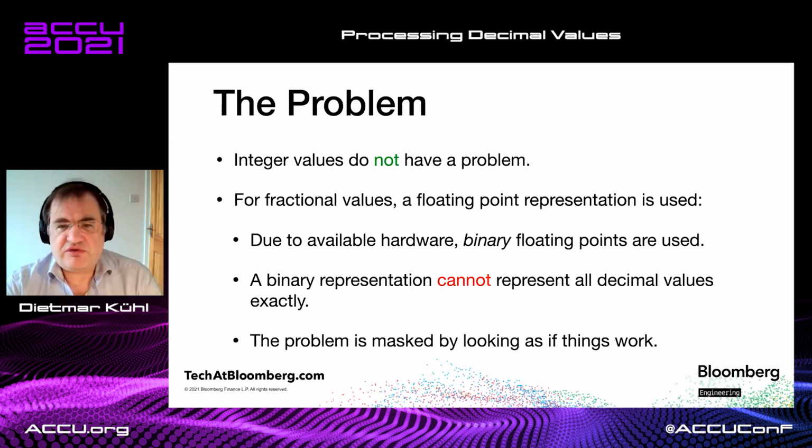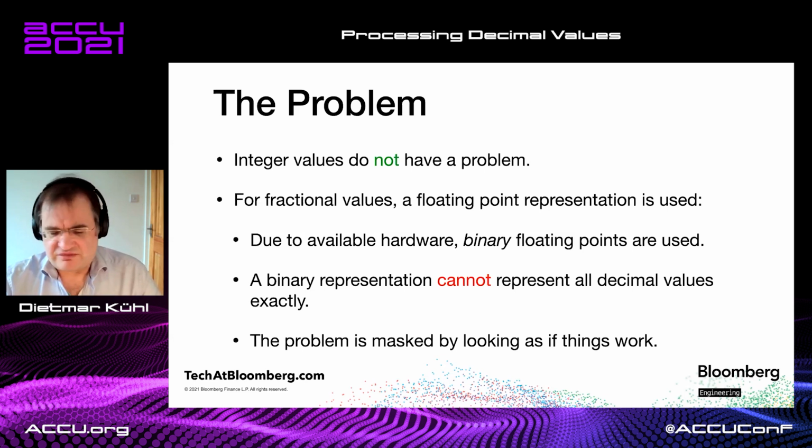For fractional values, the typical representation on a computer, which I showed before, is actually a floating point representation. That basically is the representation used in hardware, and hardware typically uses a binary floating point or variation of a binary floating point. There's some hardware, or used to be some hardware, in particular the IBM 360s, which actually didn't use binary, but they use hexadecimal.